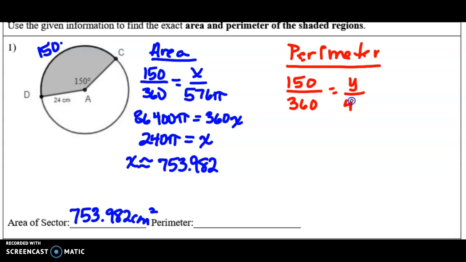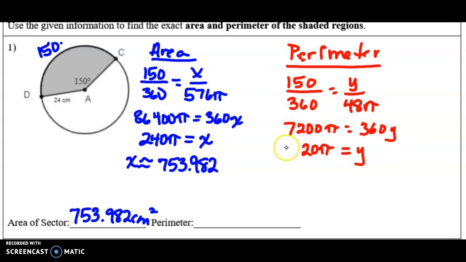So the circumference is going to be 48 pi because it's 2 pi r. When we multiply diagonally, we get 7,200 pi equals 360y. And if we divide by 360, we get 20 pi. And that is equal to y.